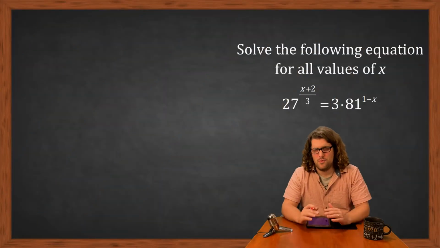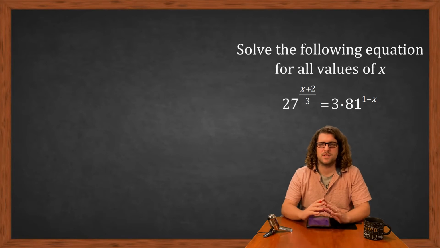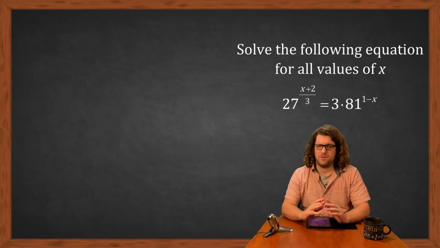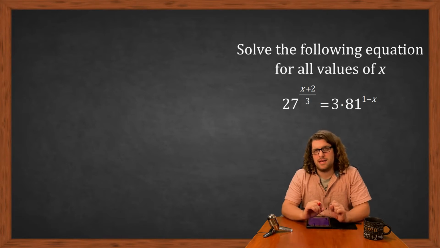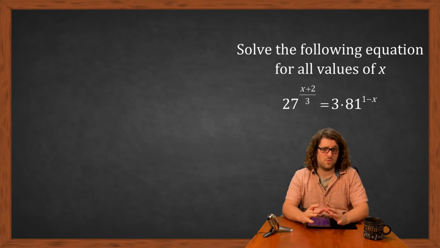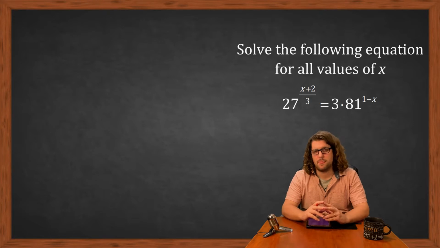Let's get to it. Alright, so what I have up above is an equation, and there is only a very particular type of equation that can be expressed in a certain way that we'll be able to solve right now.